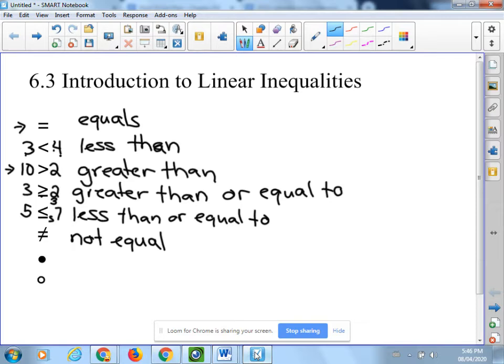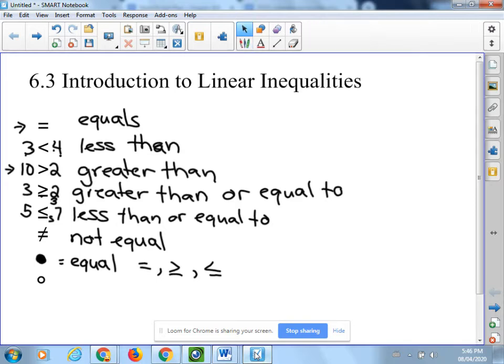And then I have 2 circles on the board, and these are going to come up in a couple minutes here when it comes to graphing. Anytime we have an equal sign, we are going to use the circle that is filled in. So a fully filled in circle is used for equal, which means it's going to be used with this symbol, or with this symbol, or with this symbol, because all of these have an equal sign in them.